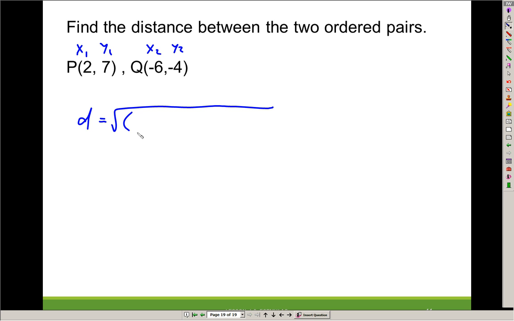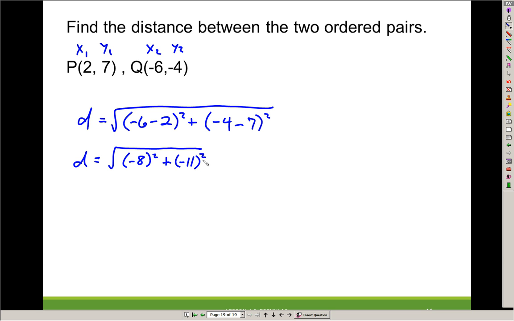So a big old square root, parentheses, second x, -6, minus first x, 2, squared, plus second y is -4, minus first y is 7, squared. -6 minus 2 is -8. -4 minus 7 is -11. -8 squared is positive 64. -11 squared is positive 121.